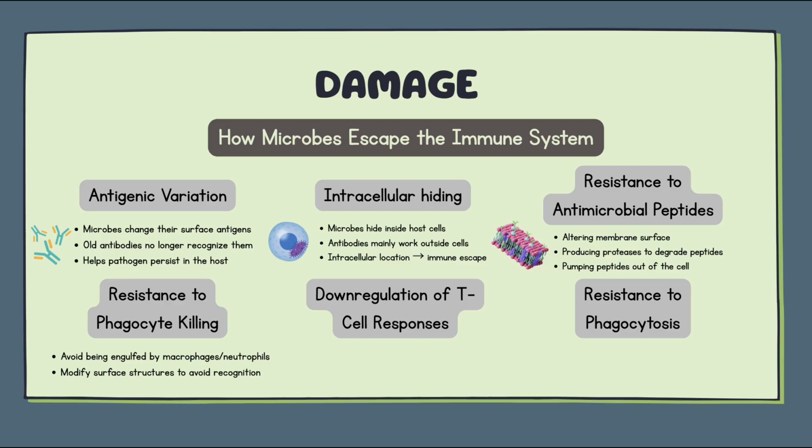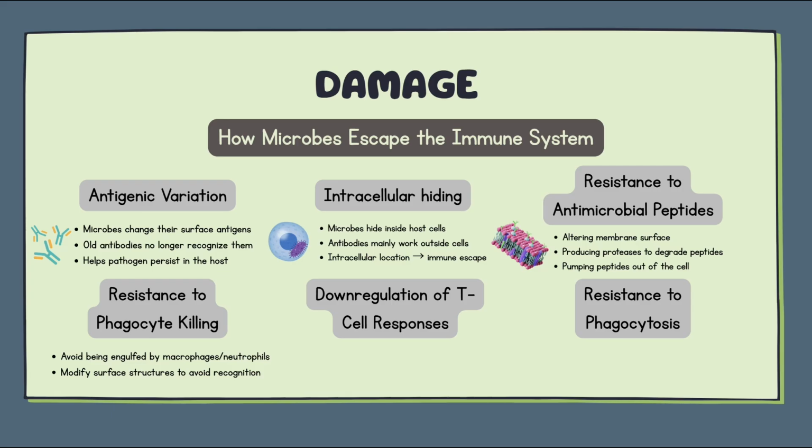So the phagocyte cannot attach to or engulf this microbe because it doesn't recognize it and has no way to attach to its surface, so it cannot eat it up.